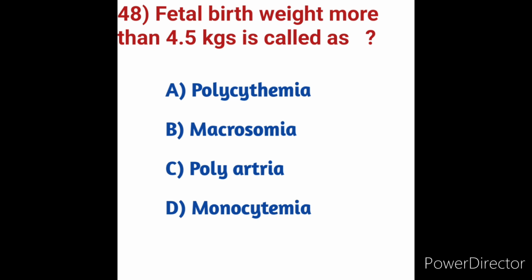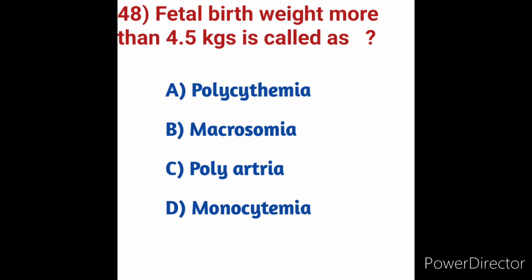Macrosomia is an obstetric condition associated with other potentially life-threatening complications to both the mother and fetus. The term macrosomia is derived from a Greek word meaning big and refers to the body, meaning big body.